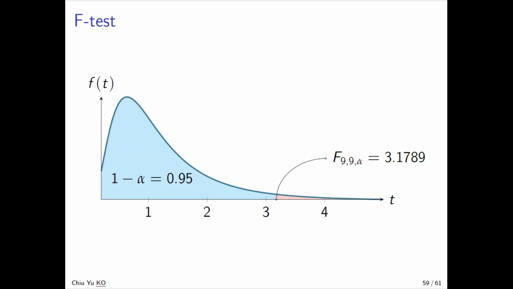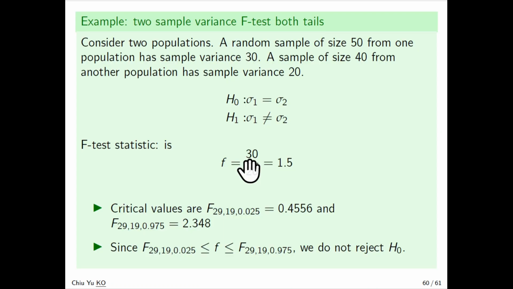You can see from the graph here: I just show the right tail, but you also have the left tail. The example is: consider two populations, a random sample of size 50 from one population with sample variance 30, and another sample with n2 of 40 and sample variance 20.